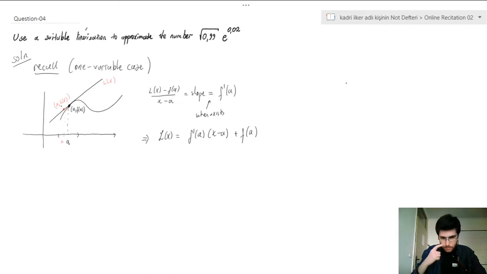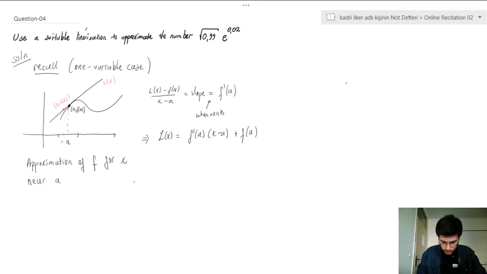So we want an approximation of f for any x near a.